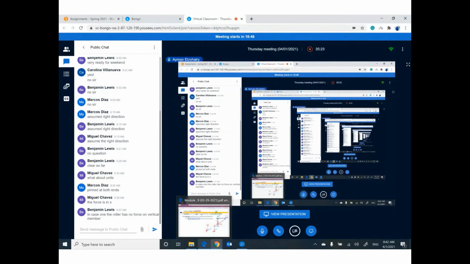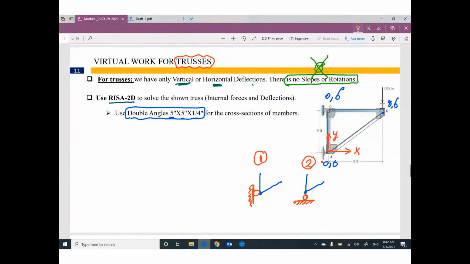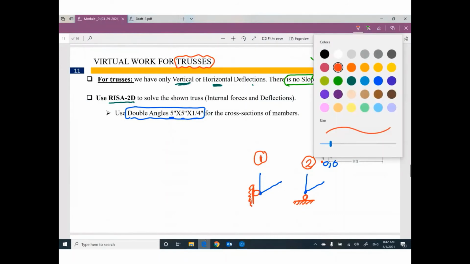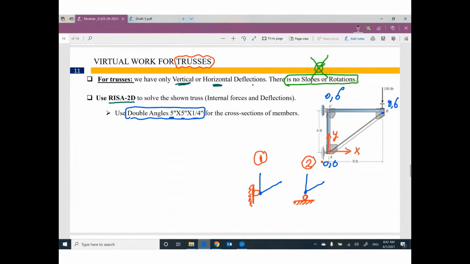Thank you. Looks like you understand the difference. This one, your reaction will be like this. This one, your reaction will be like this. Does that make sense?